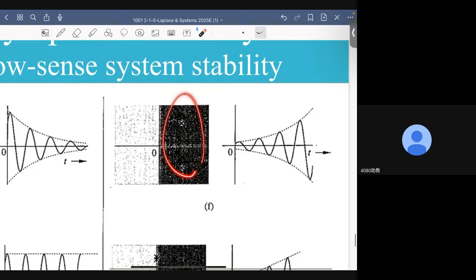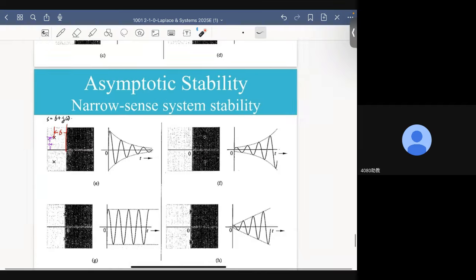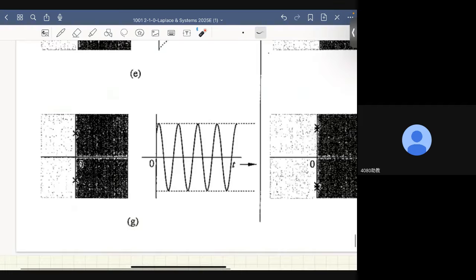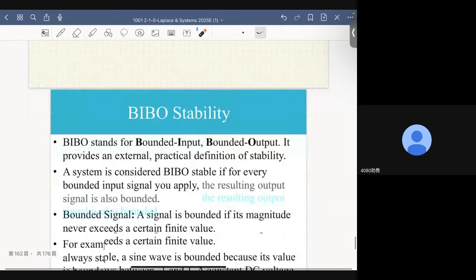Now, if this pair of complex conjugate poles is located on the other side of the plane, this is what will happen. It will increase without bound, okay? And if this pair of poles is located on the imaginary axis, which means this system is what? It's a marginally stable system, and that's its response pattern. All right?